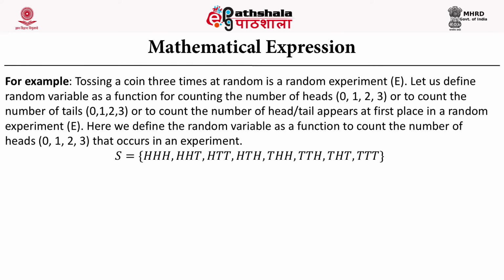Here we define the random variable as a function to count the number of heads, it can be 0, 1, 2 and 3, that occurs in an experiment with a sample space given here as HHH, HHT, HTT, HTH, THH, TTH, THT and TTT.